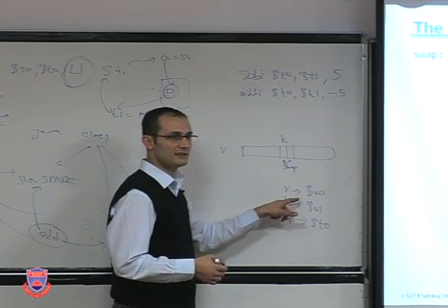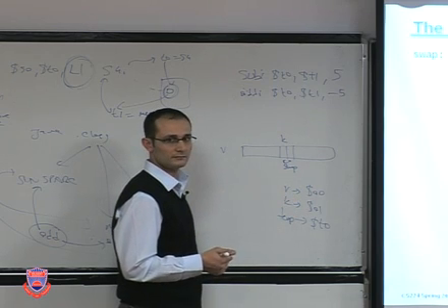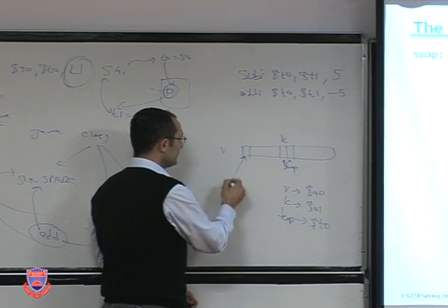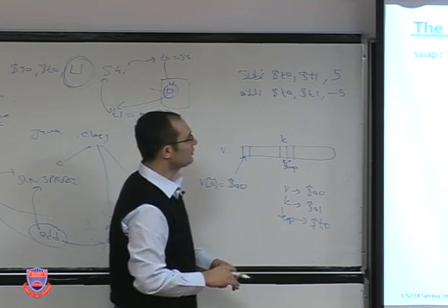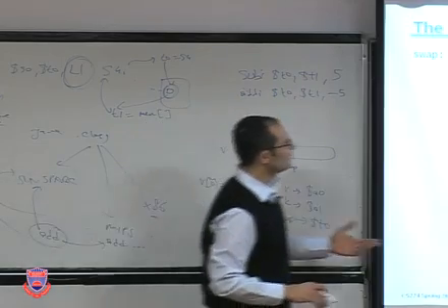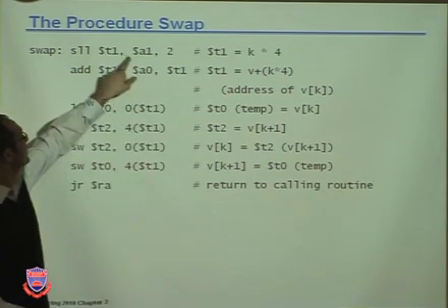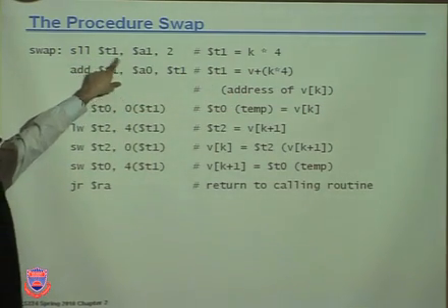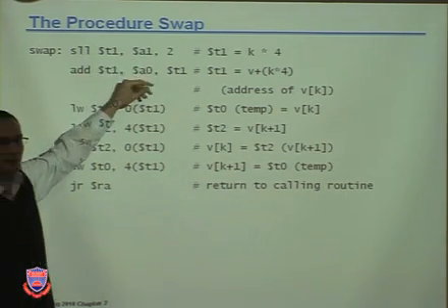What does this address indicate? Which entry of V? The first one, right? It points to the first entry, which is V[0]. So if you wanted to access V[k], you would add 4k to that value. This does a multiplication by 4 with shift left logical: if you shift by 2, you multiply by 4.